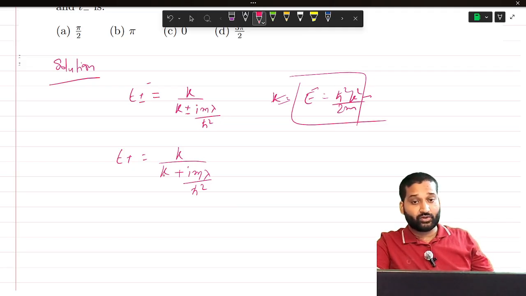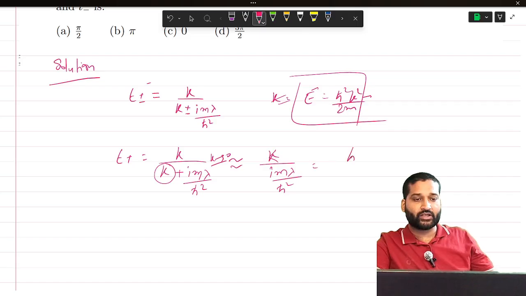When K tends to 0, this part is going to be very small. So we can directly write it as K by i m lambda upon h cut square, which is h cut square K by i m lambda, and we can write it as minus i h cut square K by m lambda.